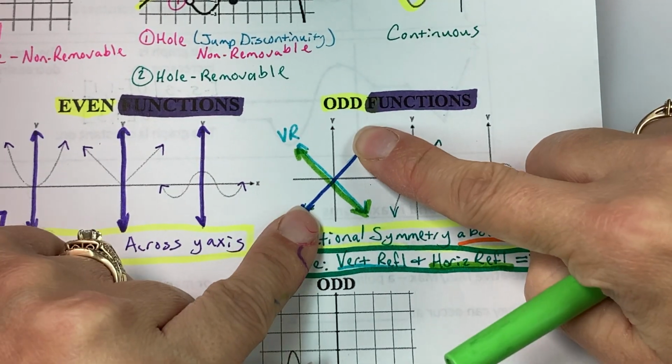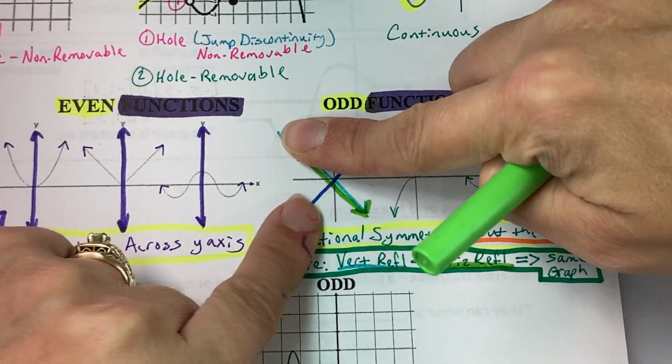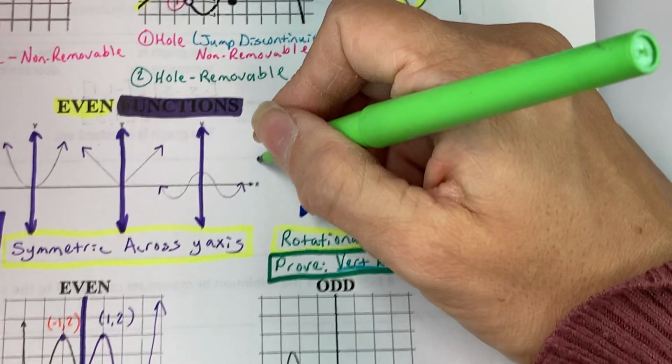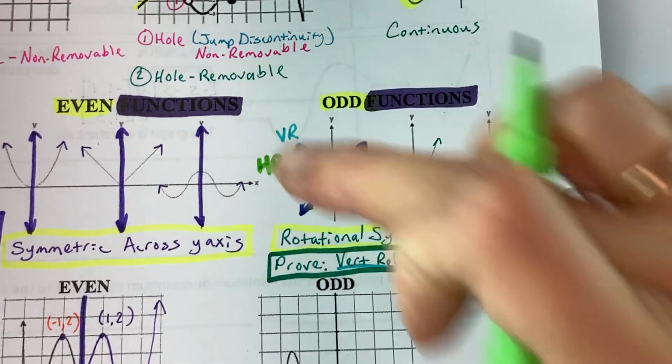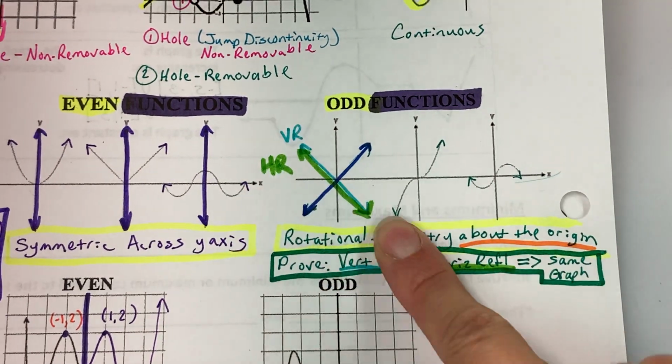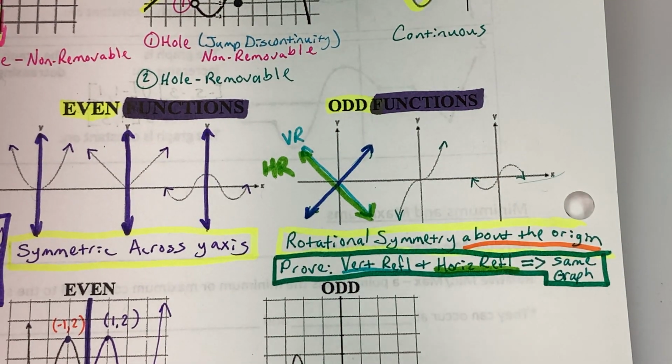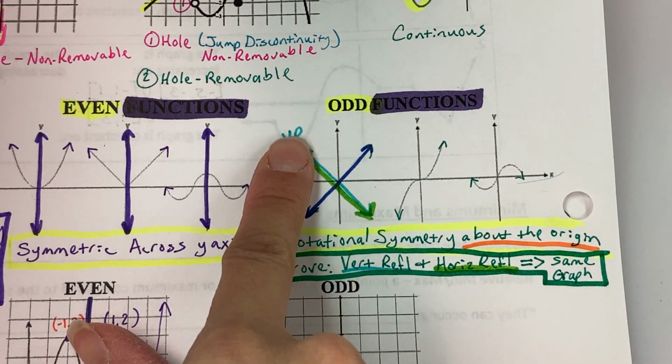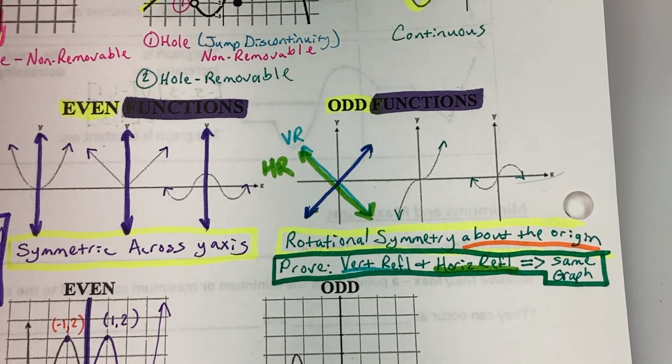So if I reflect this graph horizontally, this over here, that over there, and we can see that a vertical reflection and a horizontal reflection yield the same graph. So to prove rotational symmetry, we prove that horizontally reflecting and vertically reflecting yield the same graph.